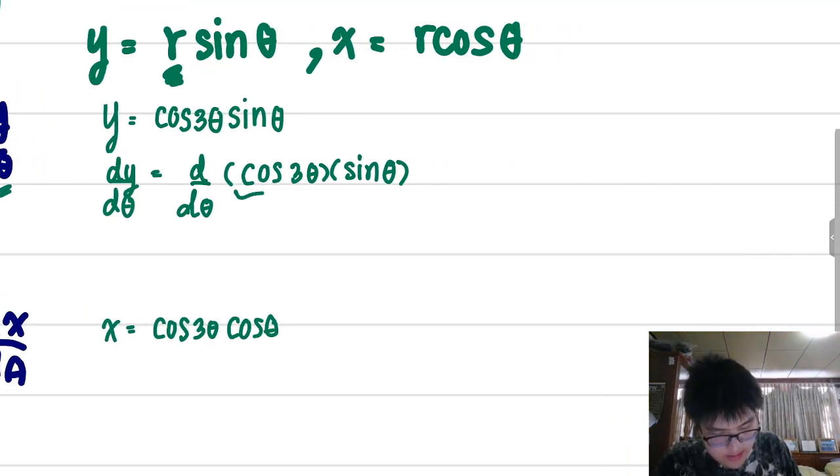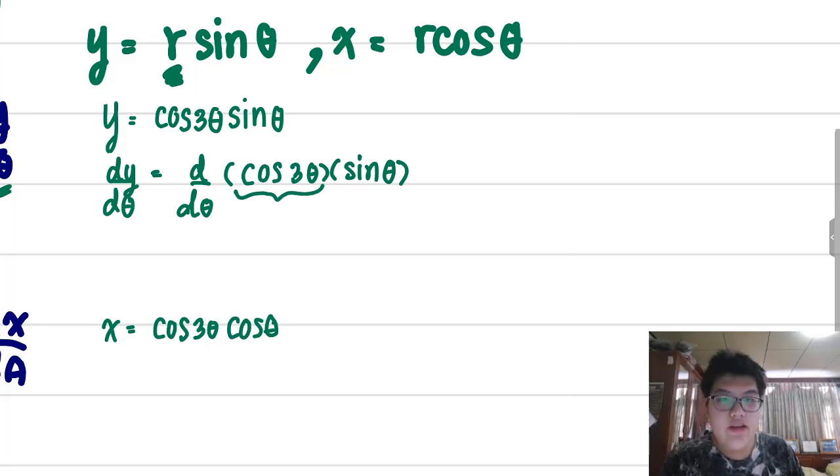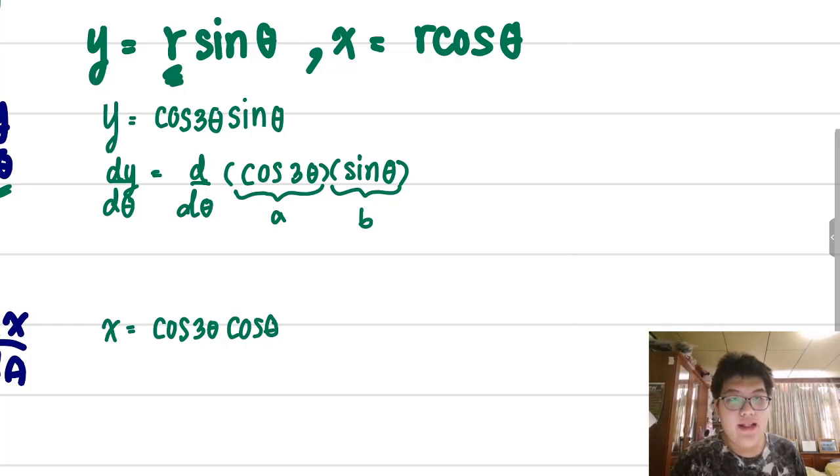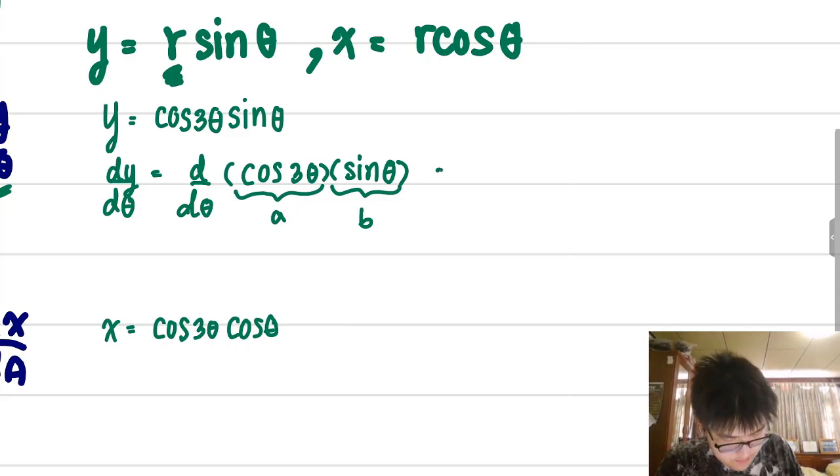Then regarding this, the part in front is like A and this one is B. For the product rule of derivative, it is A multiplied by the derivative of B plus B multiplied by the derivative of A, and then we get cosine 3 theta.